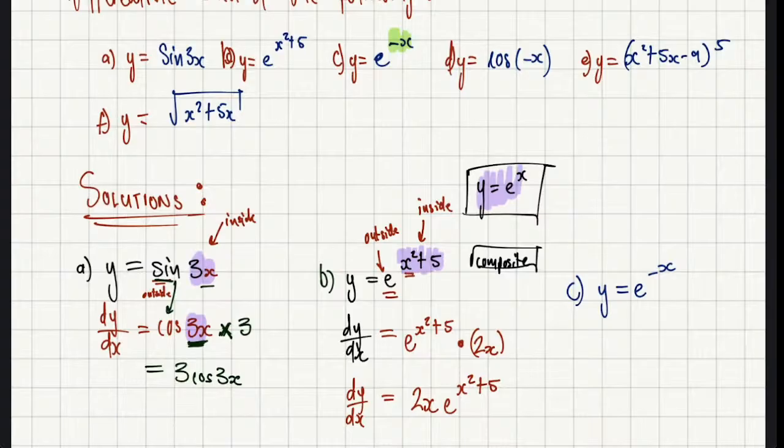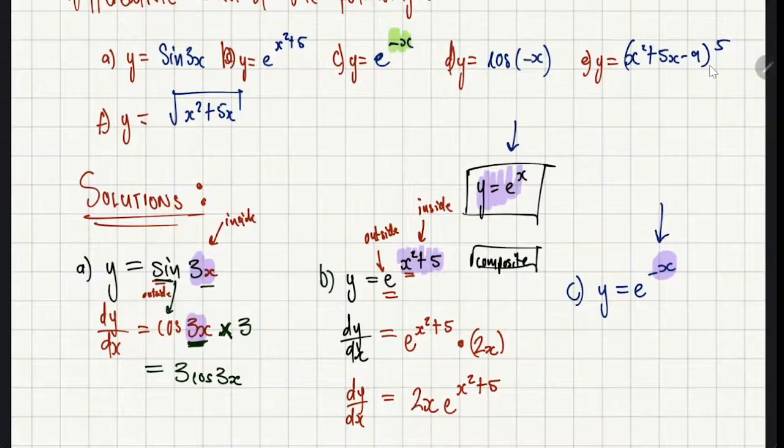They were seeing a composite function, a function that was different from the ones they knew. They knew e to the x, but now they had met e to the negative x.